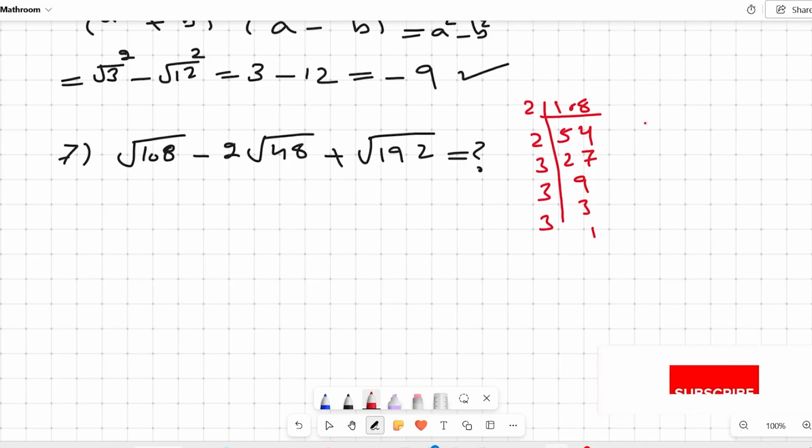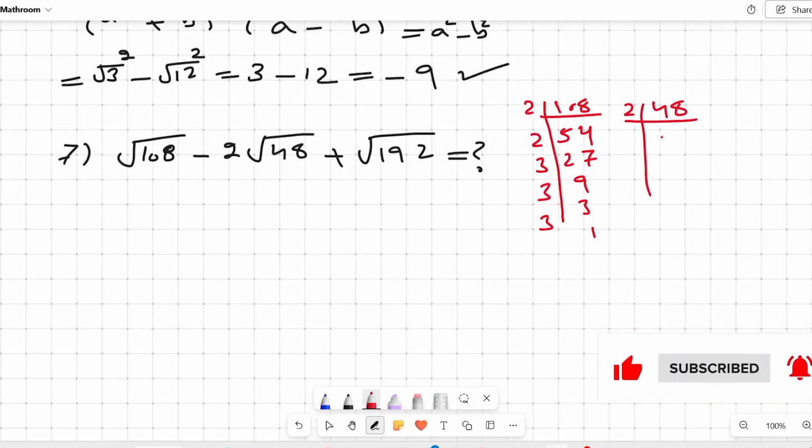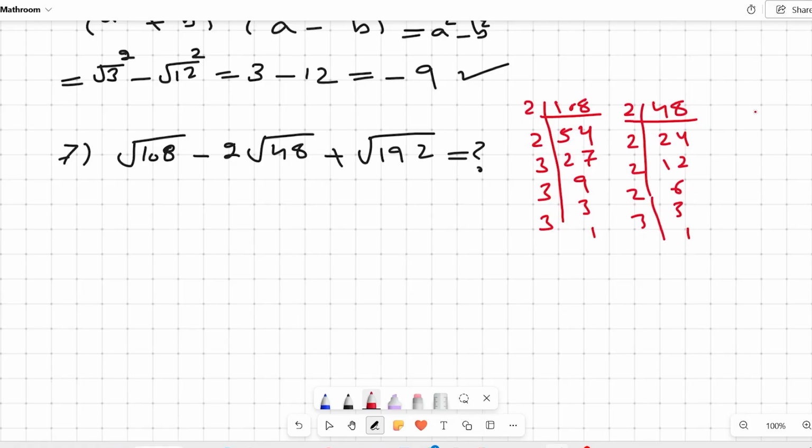So the next one, 48: 2, 24, 2, 12, 2, 6, 2, 3, and 3, 1. The next one, 192: 2, 96, 2, 48, 2, 24, 2, 12, 2, 6, 2, 3, and 3, 1.